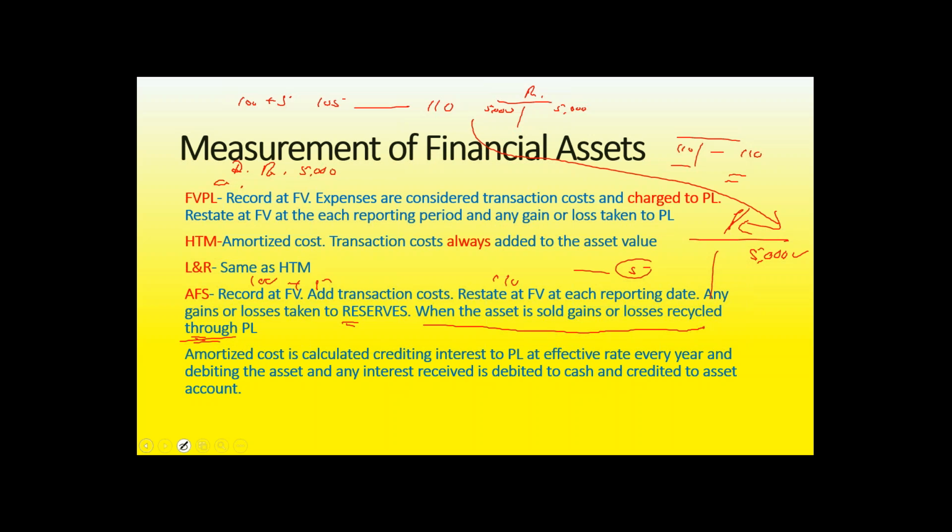Because you can't just go and straight away put it there, as then there will be an unexplained movement. Every transaction is done through the other comprehensive income, we have credited the reserve. Now through the P&L, we will take it to the retained earnings.